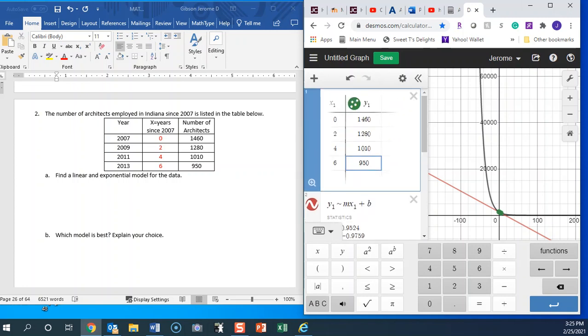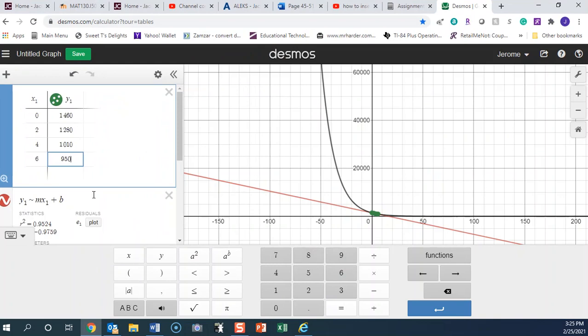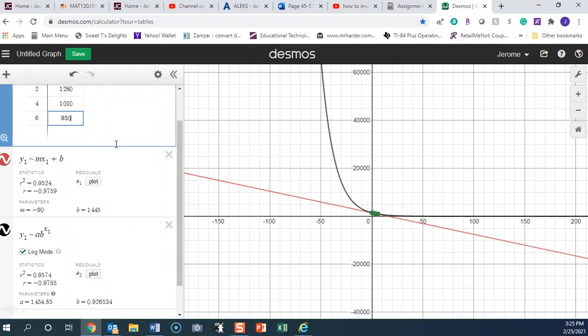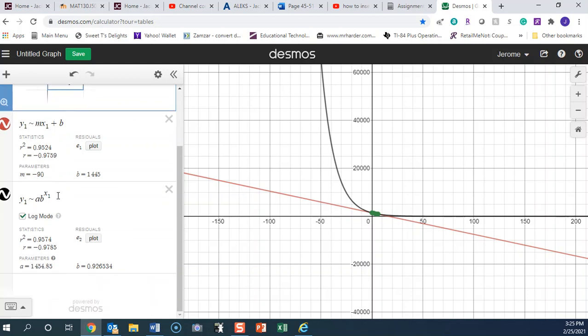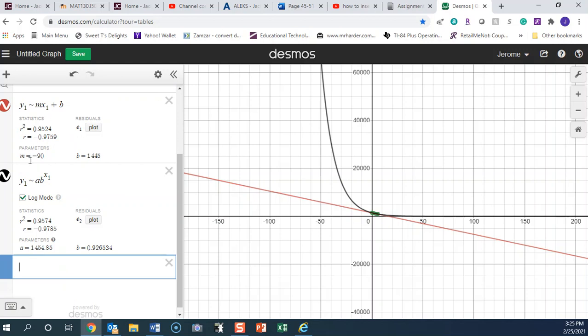All right. Now, we typed in these values. Now we could take a look at the linear and exponential equation because we already had the linear formula and the exponential formula in here. So they want us to write both. They didn't ask us which was the better one. So here, with the linear, you would write y is equal to, the slope is negative 90.